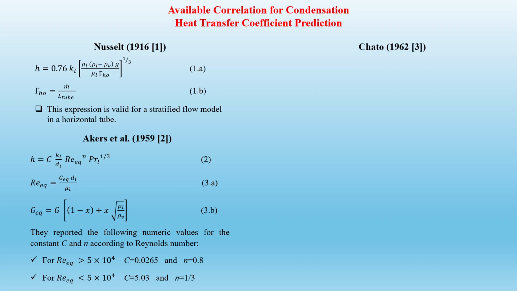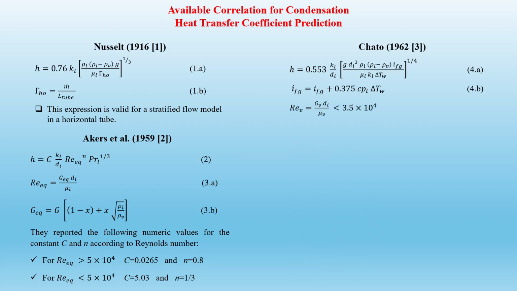We have Chato in 1962. He also presented a general form for the condensation heat transfer coefficient as shown in equation 4a, where i sub fg prime represents the latent heat of the fluid corrected to include the sensible part, the second term of equation 4b, and he used the Reynolds vapor number based on the total mass velocity.